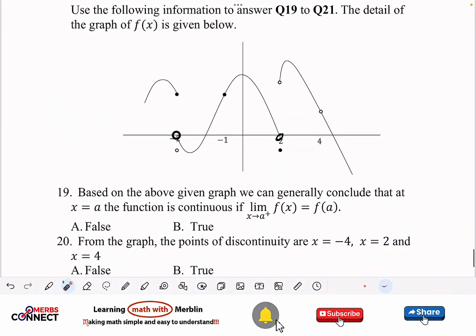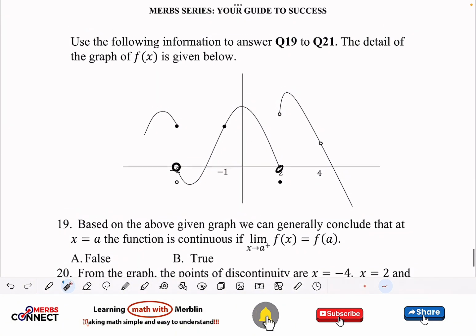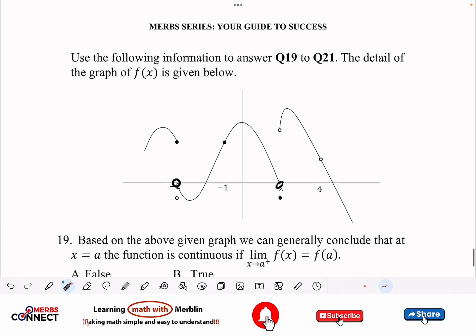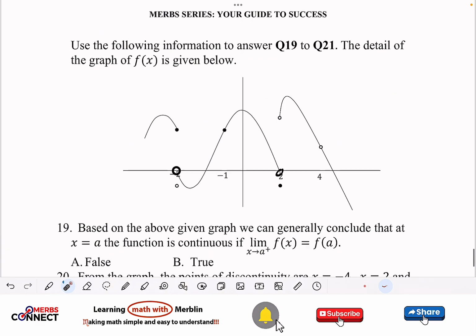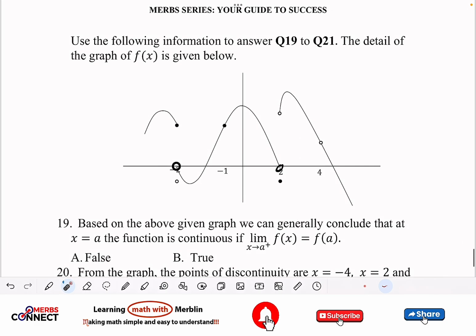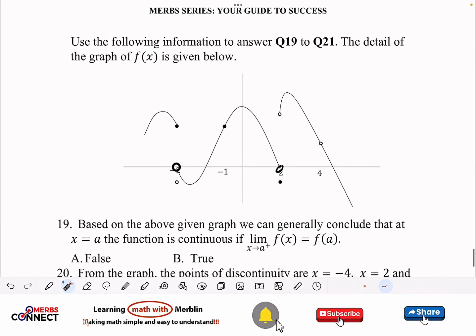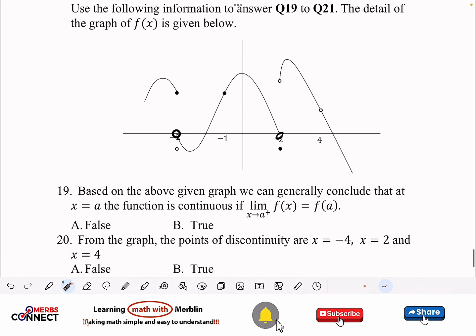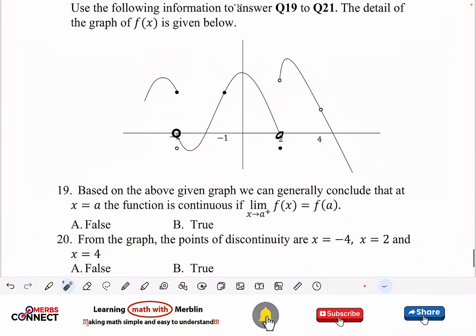So above the function, but what is a? We don't know a here. Because this is continuous here. Based on the above graph, we can generally conclude that this is continuous.